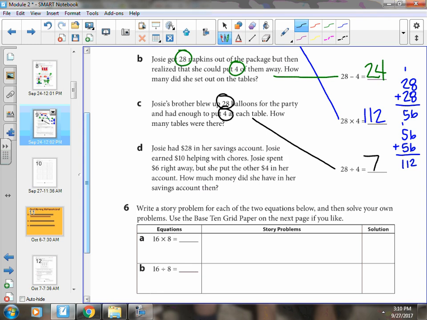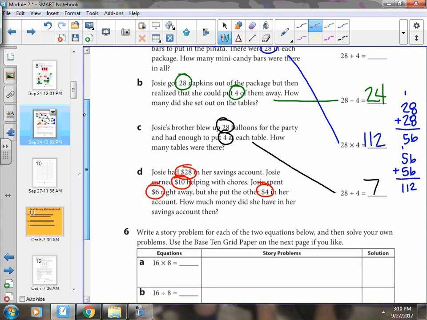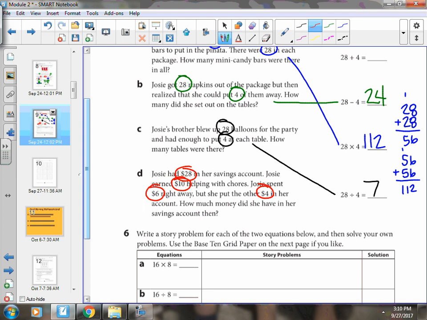The last one, Josie had $28 in her savings account. Josie earned $10 helping with chores. Josie spent $6 right away, but she put the other $4 in her account. How much money did she have in her savings account then? Okay, there's a lot of information that's not really necessary. Josie had 28 in her savings account.